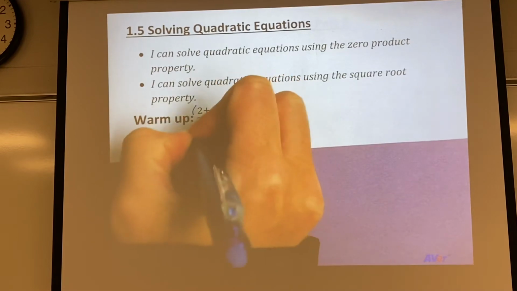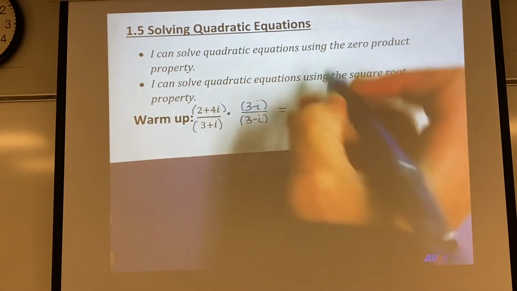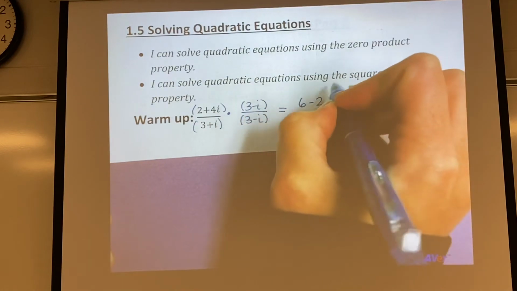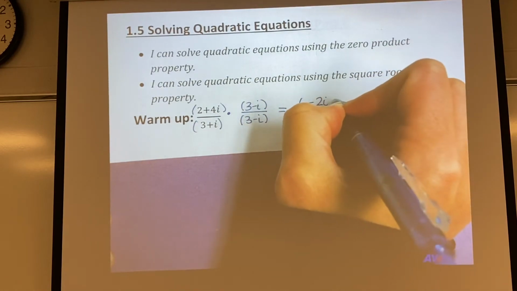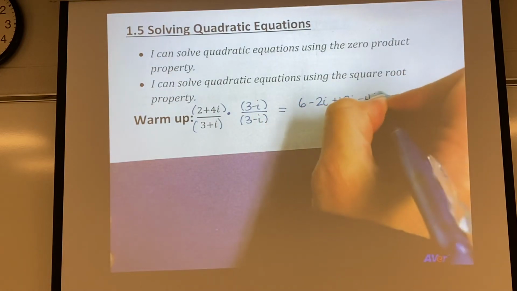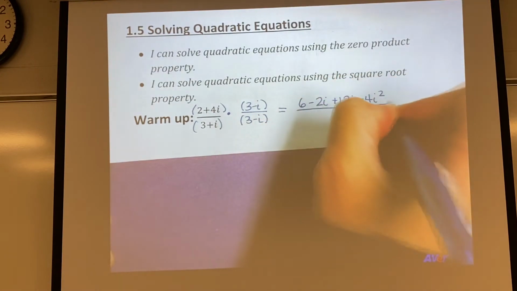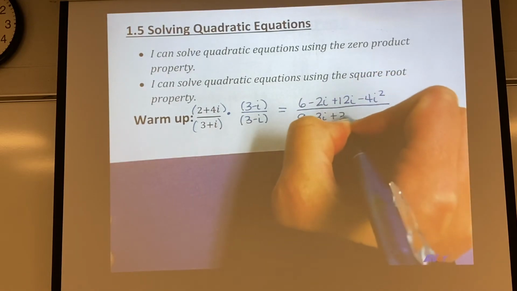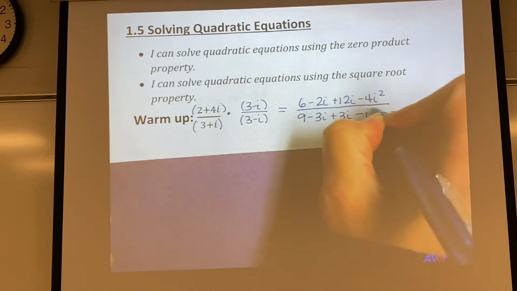We want to group all of these so that we can FOIL. So our numerator is 6 minus 2i plus 12i minus 4i squared over 9 minus 3i plus 3i minus i squared.